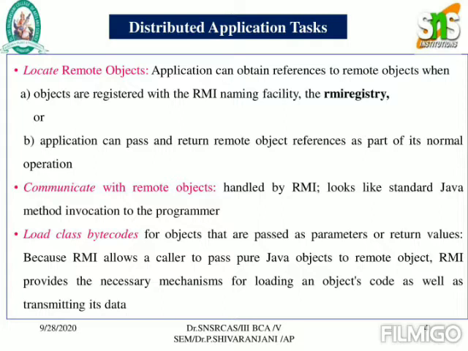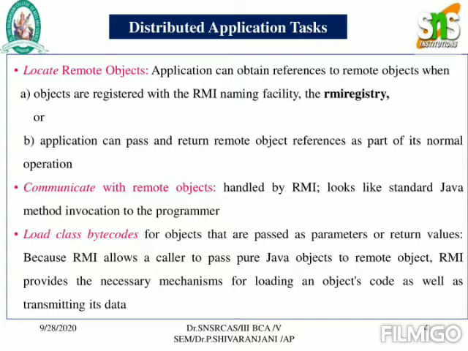One is to register the object with an RMI naming facility, that is, by using your RMI registry, or the second one is that an application can pass and return a remote object reference as a part of its normal operations. This is what will help you to locate your remote object through the RMI registry.